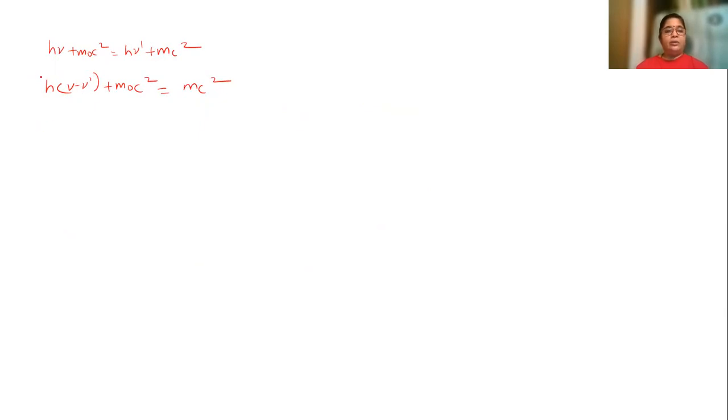So when you square this equation, this the whole square, a plus b the whole square, what will you have? h square nu minus nu dash the whole square plus 2h nu minus nu dash m naught c square, 2ab, okay, plus m naught square c power 4 is equal to m square c power 4.